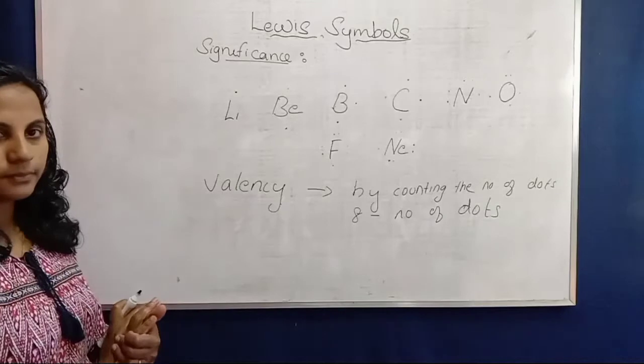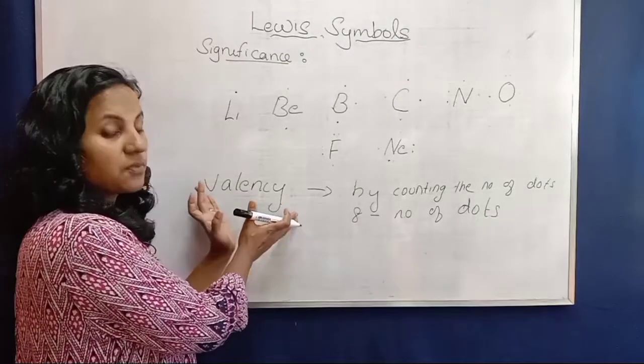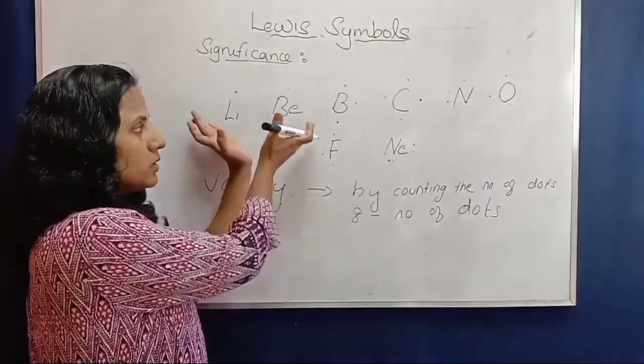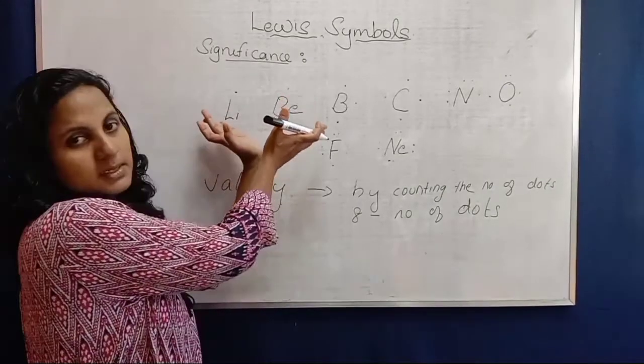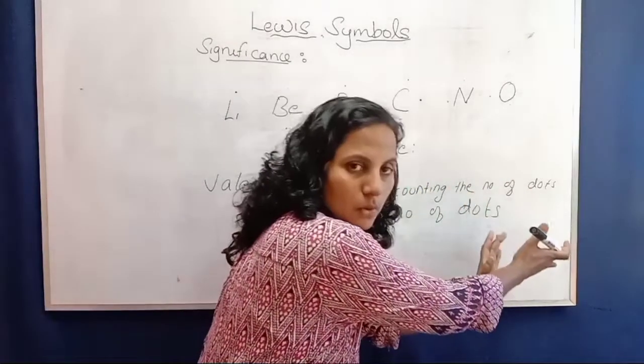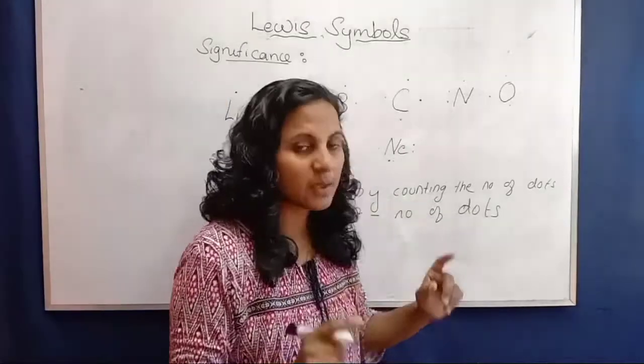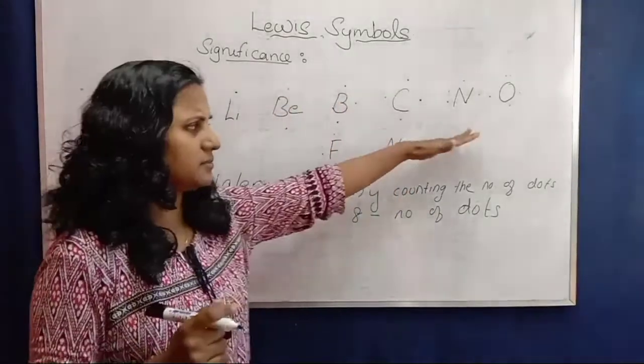Okay? Understood? That is, we get the valency of these atoms from the Lewis symbol by counting the number of dots or by 8 minus the number of dots. We can see the valency of these elements.